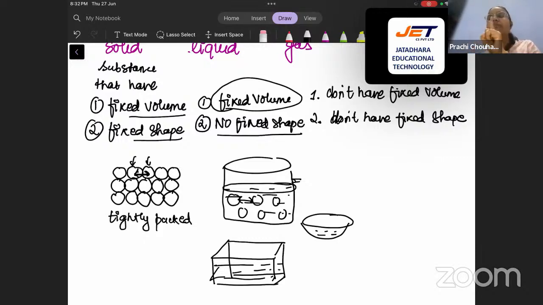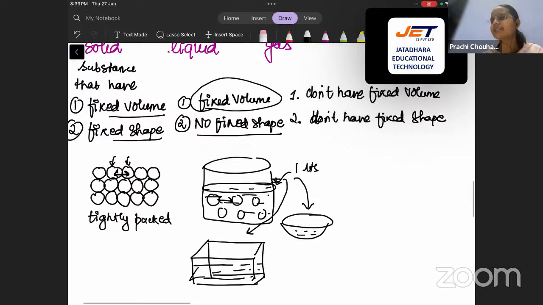How does it remain the same? Suppose the volume here was 1 liter. Even if I transfer it to this cube, the volume will remain 1 liter. And the same will be true when I transfer it to this beaker. So don't get confused between these two things, the volume and the shape, for liquids. They have the fixed volume, but they don't have the fixed shape.